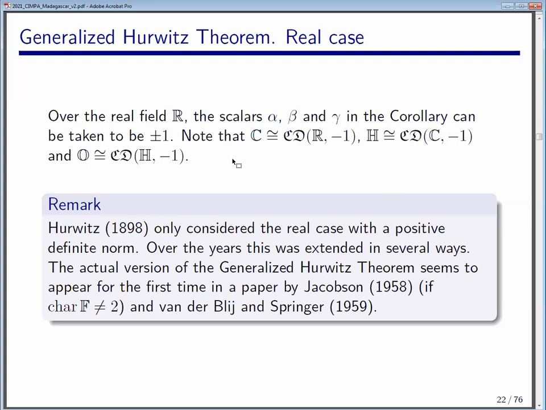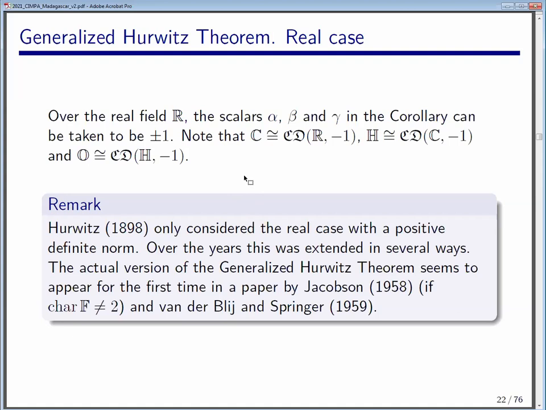And over the years, this was extended to arbitrary characteristic and so on. So in characteristic different from 2, this theorem appears, I believe, for the first time in a paper by Jacobson, and one year later, it was proved also in characteristic 2 by Van der Vlugt and Springer. But essentially, the theorem was there in the air for many years.